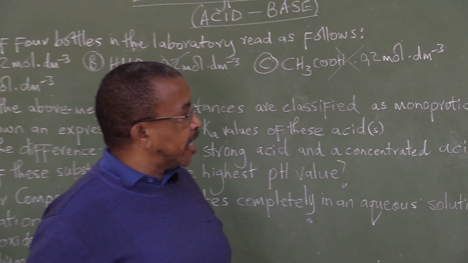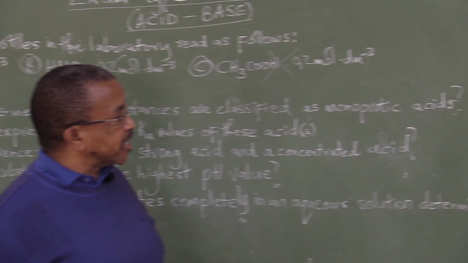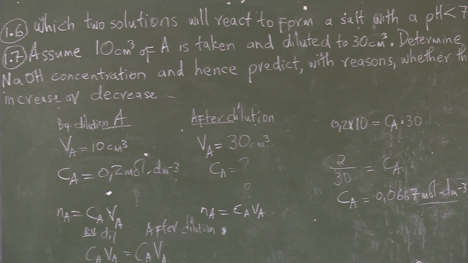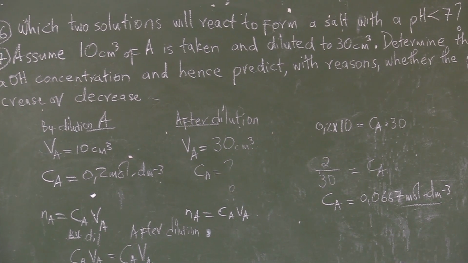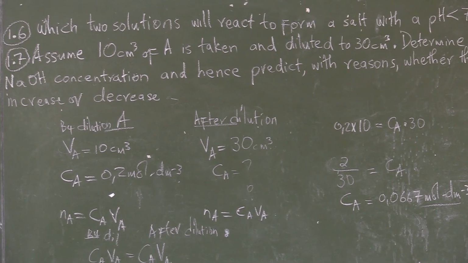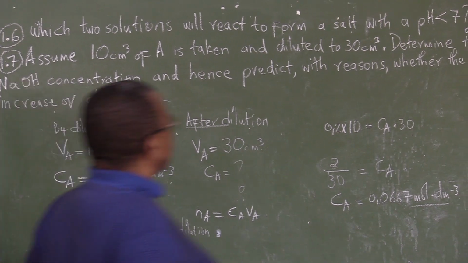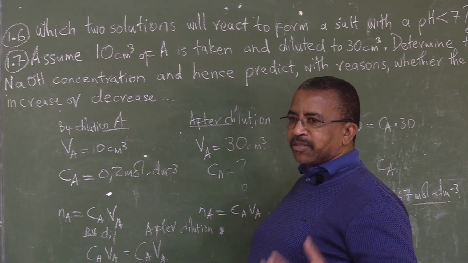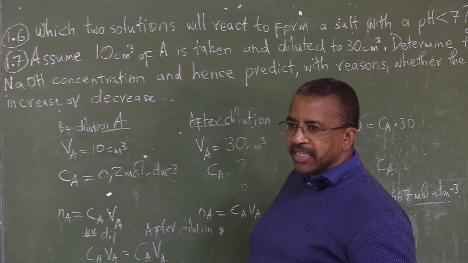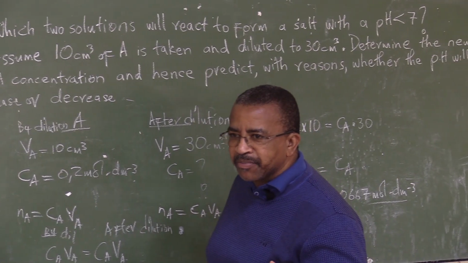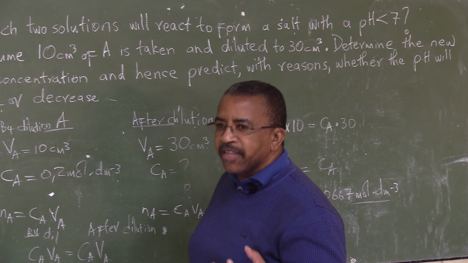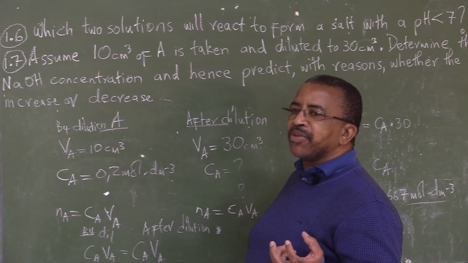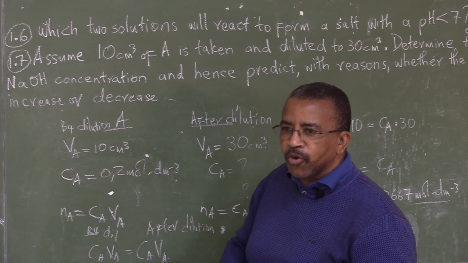Then they ask us to predict with reason whether the pH will increase or decrease. If the concentration of sodium hydroxide becomes less, it means less OH minus is formed. If less OH minus is formed, then the pH will go down.